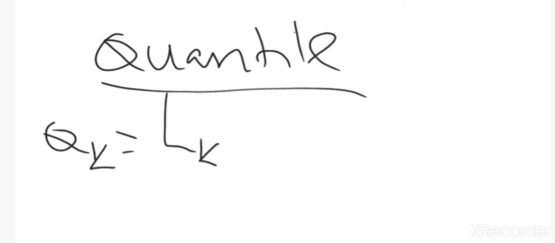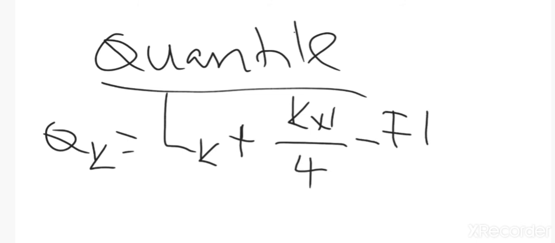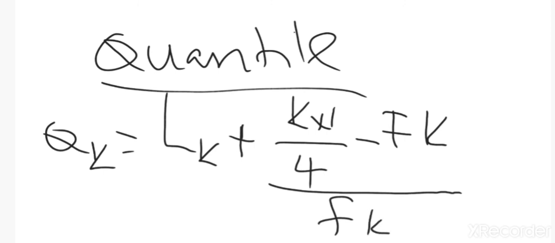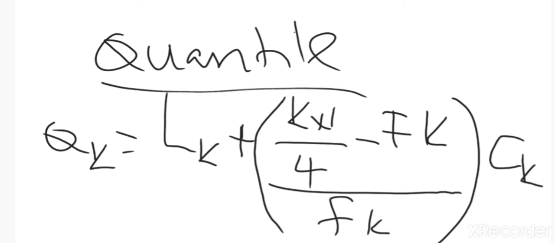Lk is the lower class limit, plus kn divided by 4 minus Fk, where Fk is the cumulative frequency before the class boundary, then divided by f small k, where f small k stands for the frequency of the class limit, then in bracket times ck, where ck stands for the class boundary of that class limit. So this is the formula of calculating quartile.